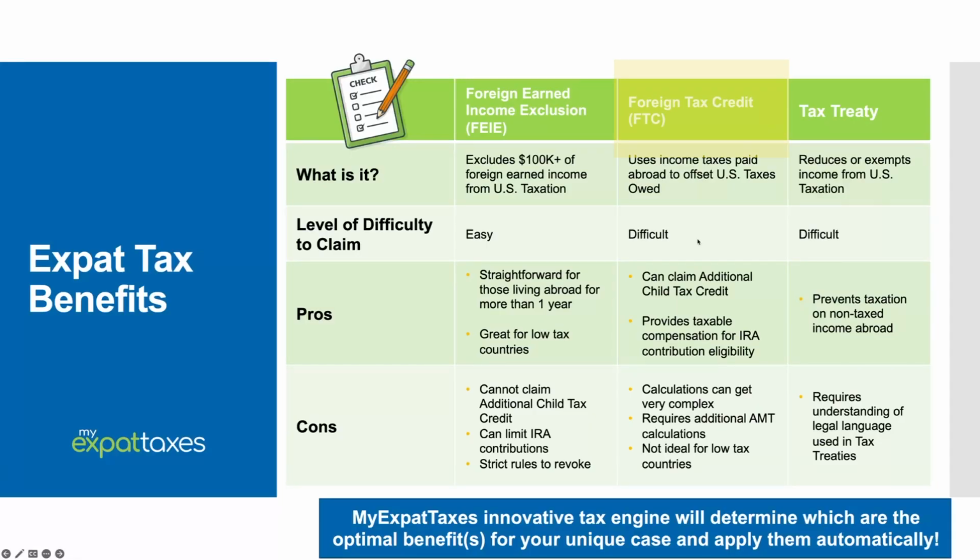The next option is the foreign tax credit. The foreign tax credit means simply that you will report your worldwide income on your US tax return, and you will come up with a figure of US tax due.